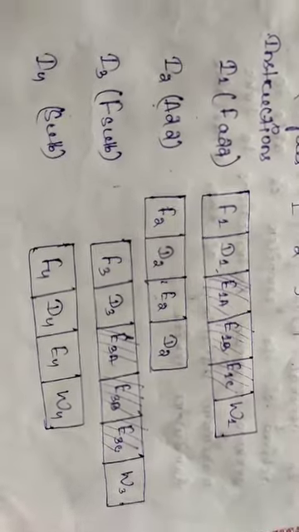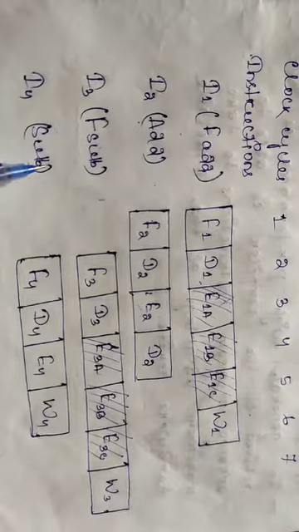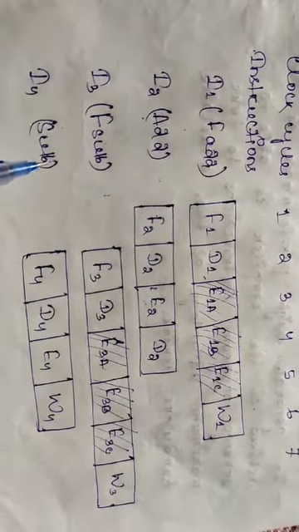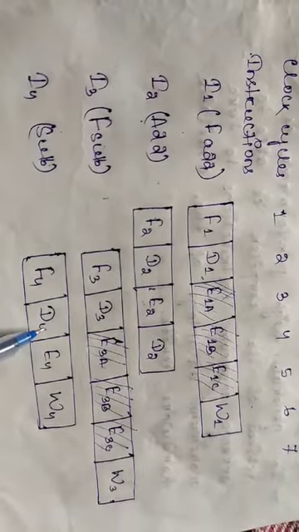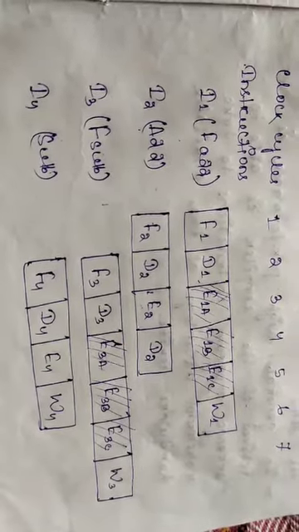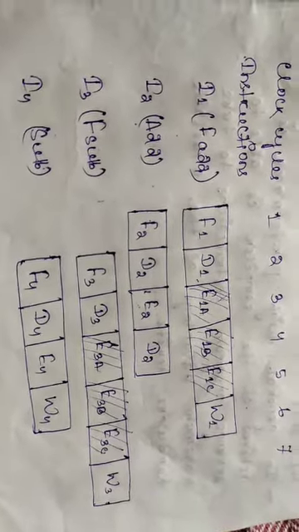So if this occurs, then instructions I3 and I4 enter the dispatch unit in clock cycle 3 and both are dispatched in clock cycle 4.